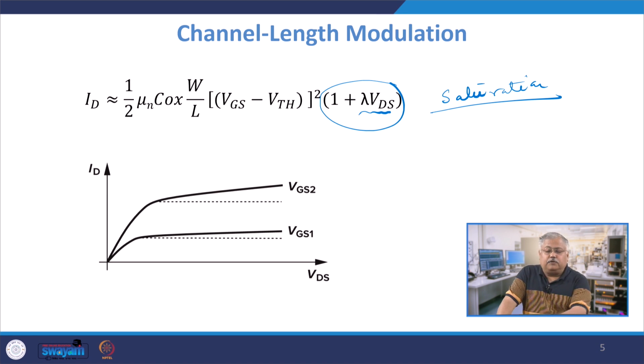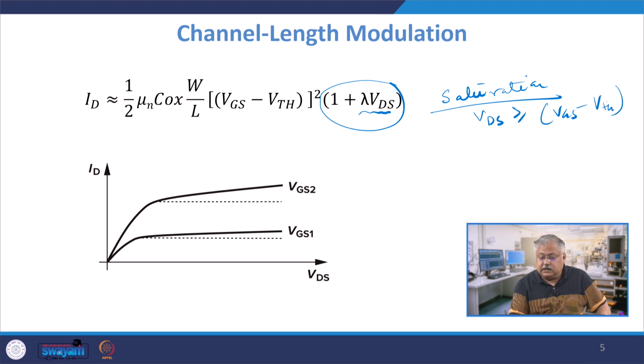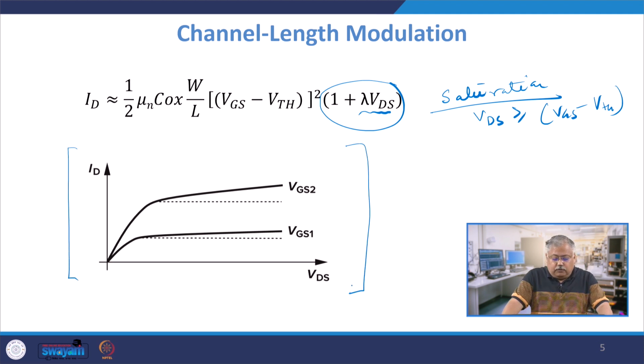In saturation, your VDS is relatively high, which means that VDS is greater than or equal to VGS minus VTH. If it is high, then let us see its implication on the current expression. Look at the diagram shown here below. Current versus VDS is plotted.